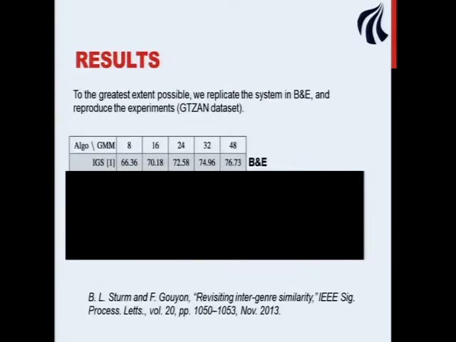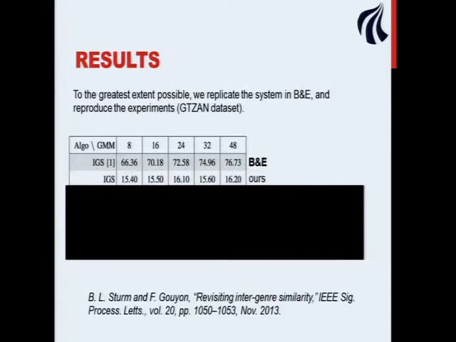So to the greatest extent possible, we replicate the system that the original authors created and reproduce the experiments on the Tzanetakis data set. In their paper, as they increase the order of the Gaussian mixture models that are modeling each class as well as the IGS, they have an increasing classification accuracy from 66% to 76%. When we redid it, it went all the way down to 15%.